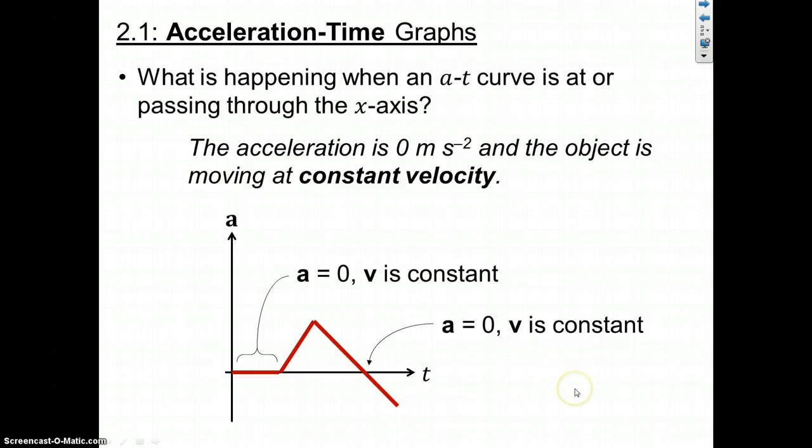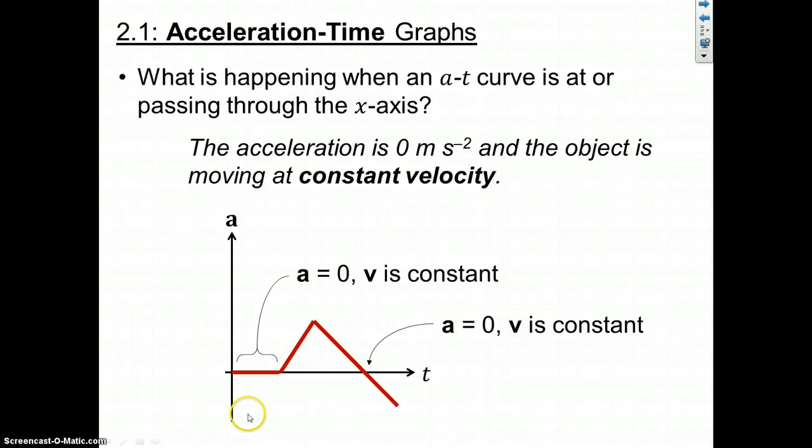But here's the thing. The velocity, being constant, might be a non-zero velocity, or it might be a constant velocity of 0. So just because acceleration is 0, in both these cases it's 0 acceleration, we don't know definitively from this graph alone if the object also has 0 velocity or simply has some other constant velocity.